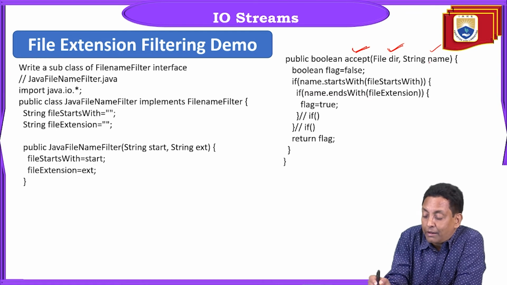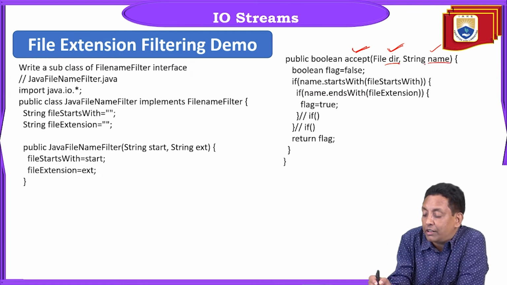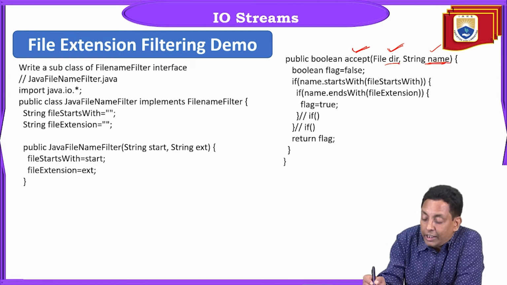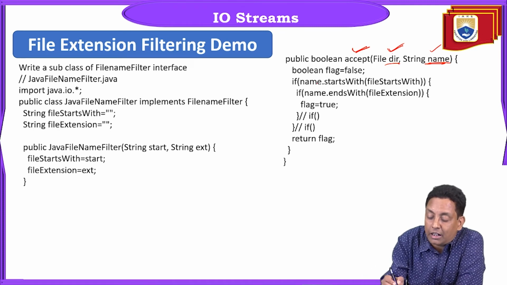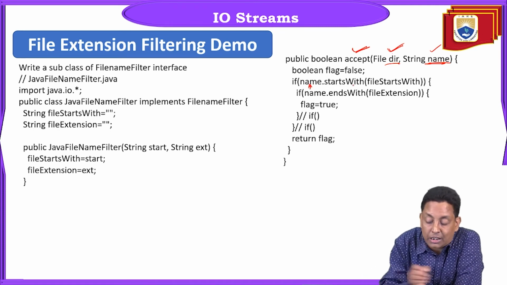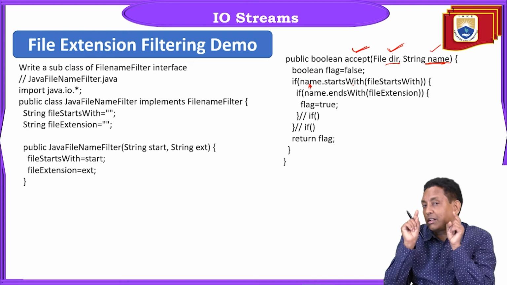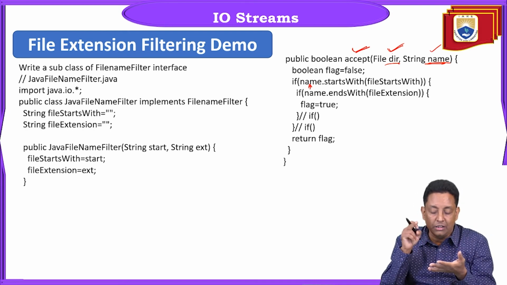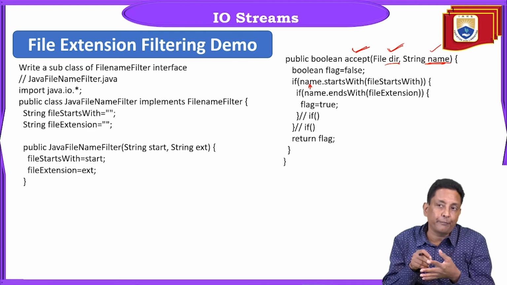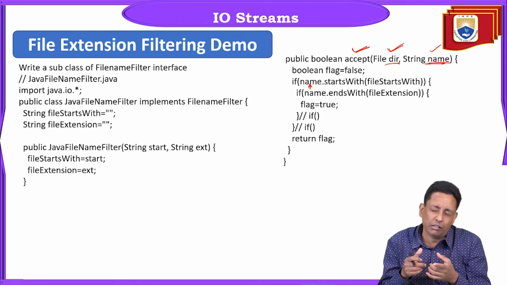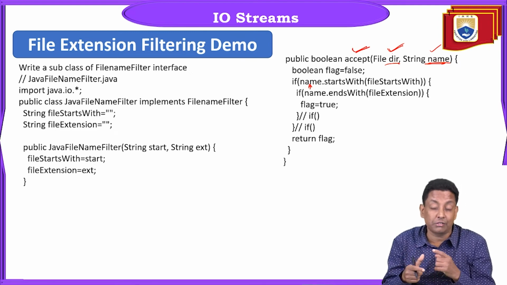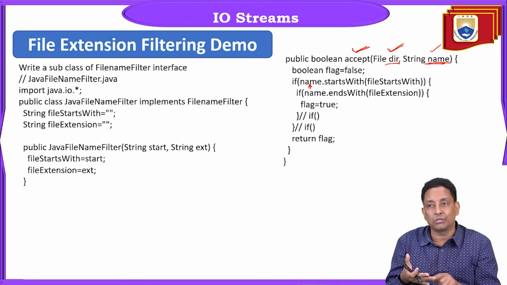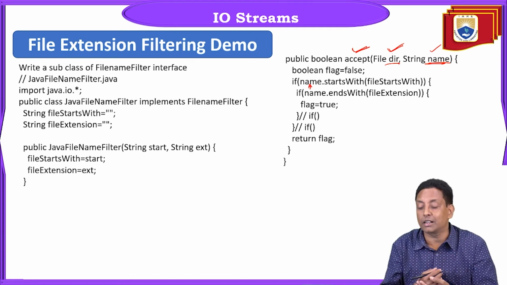From this directory, each file will be passed as argument here. That name we are checking. Name dot starts with and ends with are two functions in the string class. Starts with, ends with, index of, last index of, to char array, get char, get bytes, to lowercase, to uppercase. These are the methods that exist in the string class.